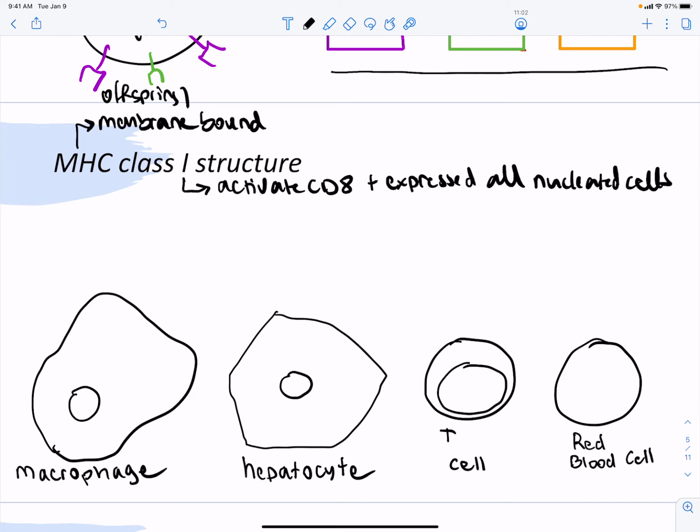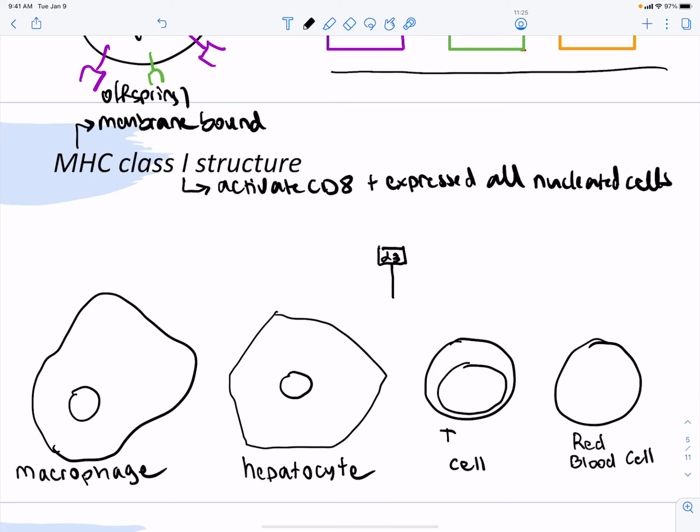So the MHC Class 1 molecule structure is going to look like this. You have a transmembrane domain. You have an alpha 3. Remember, MHC Class 1 has alpha only.